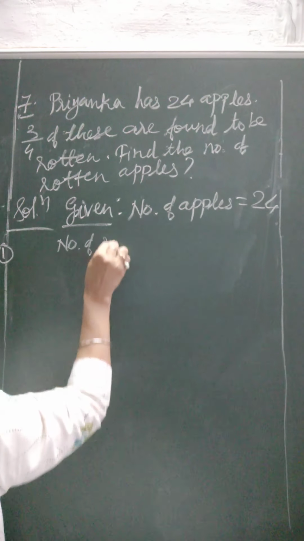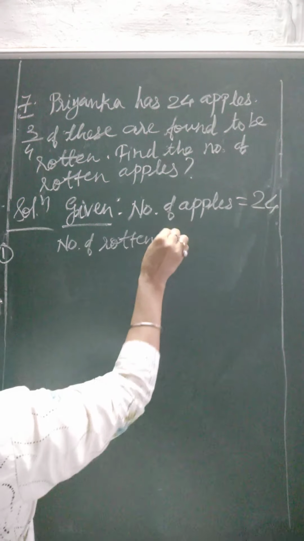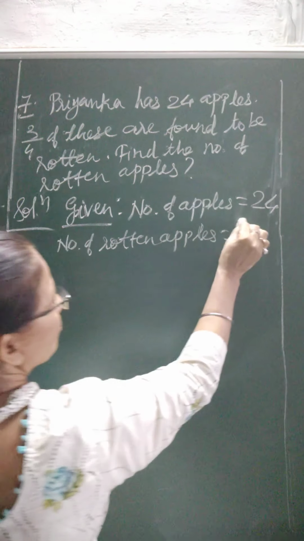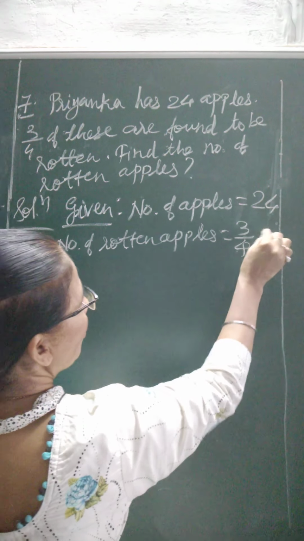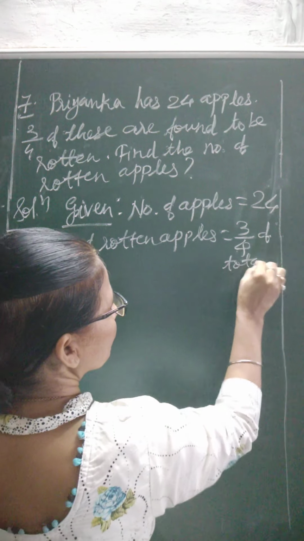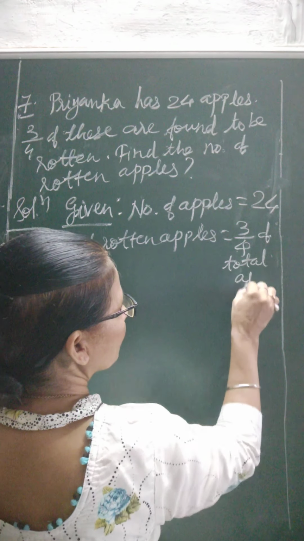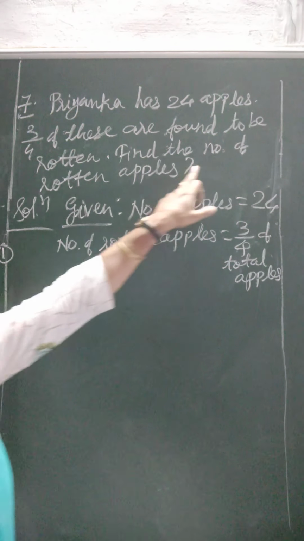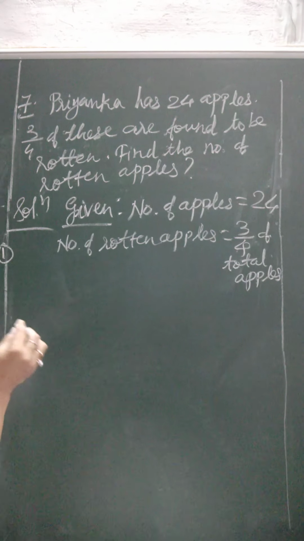Number of rotten apples is 3 by 4 of total apples. Okay. Now you have to find the number of rotten apples. Very easy.